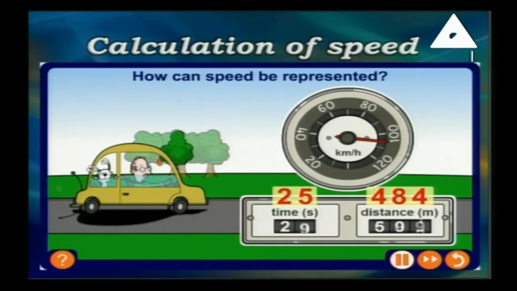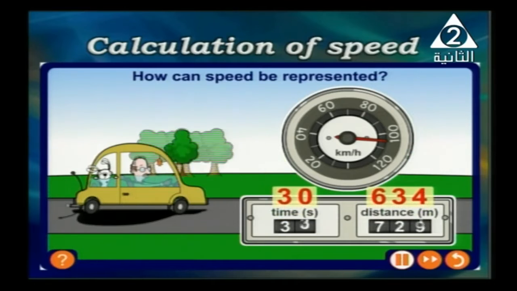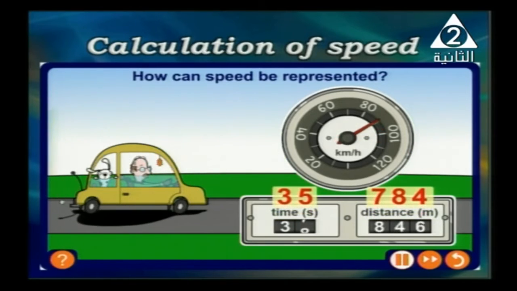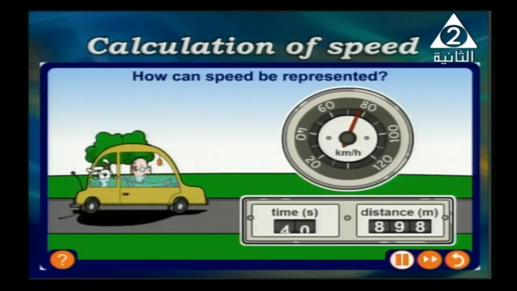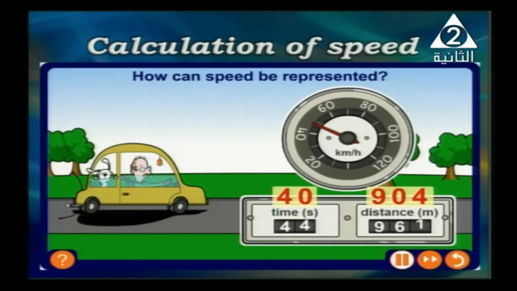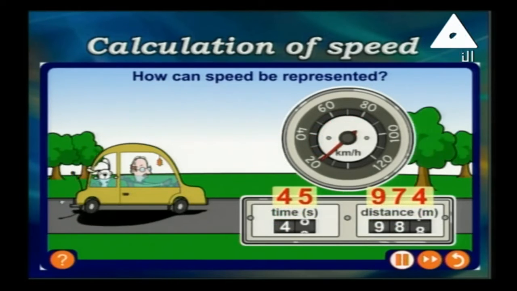So it reaches about 110 meters per second or kilometers per hour. Here it is meters and seconds. It reaches 80, 70, 60, then 50, 40, and so on, to reach 0 or make the car stop.